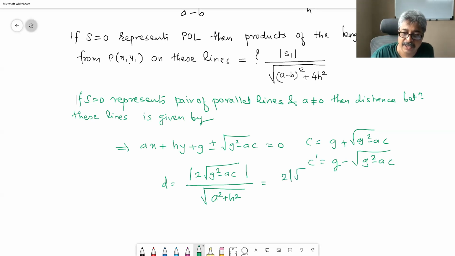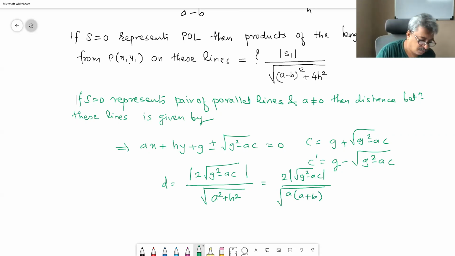Then the answer is radical g square minus ac upon a into root of a plus b. This is your formula for the distance between parallel lines. Okay.